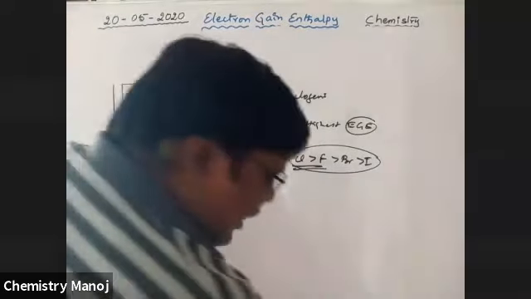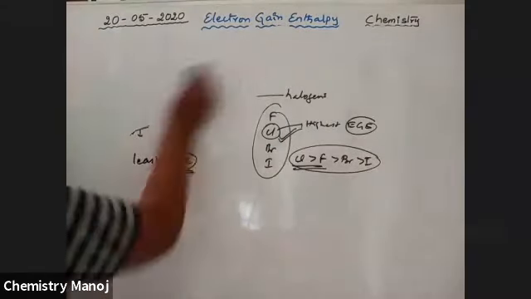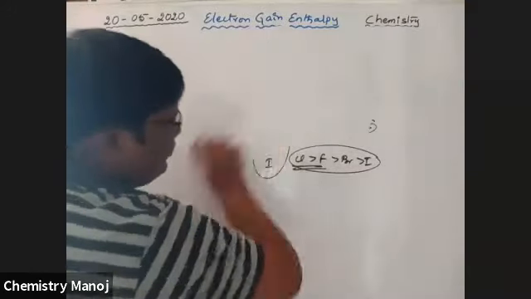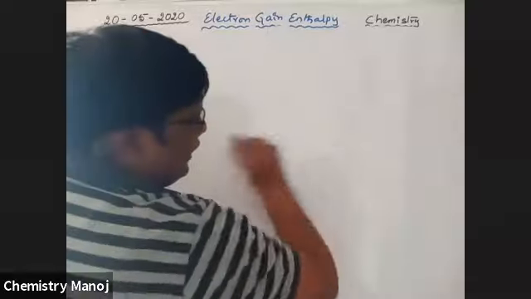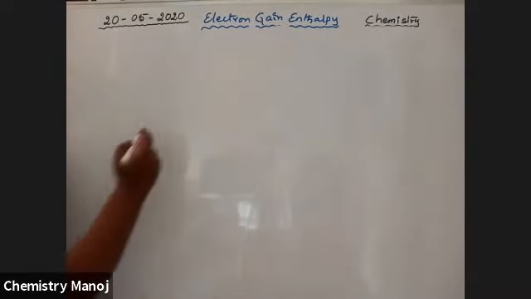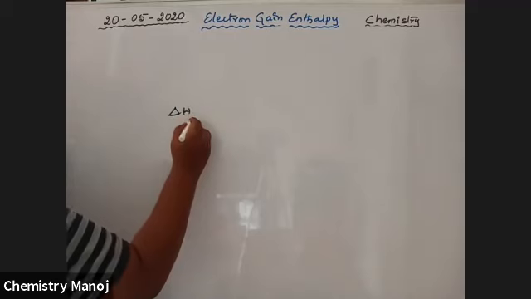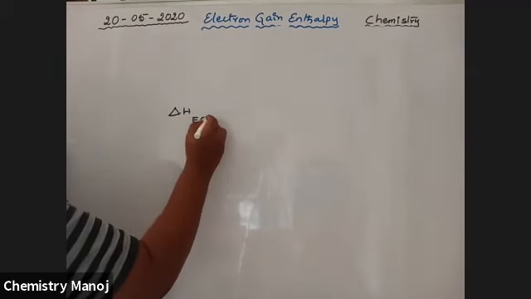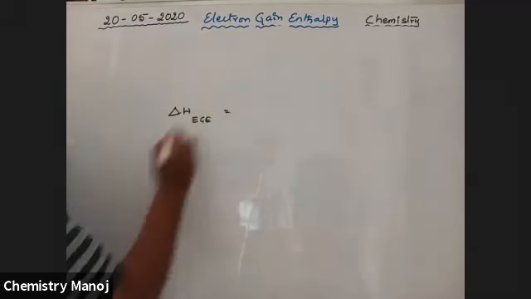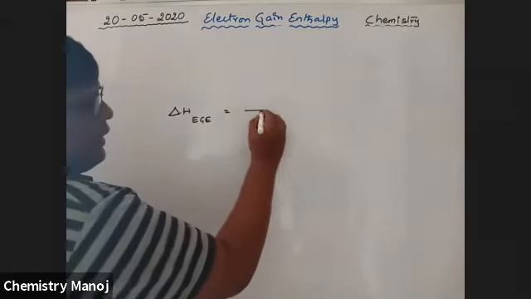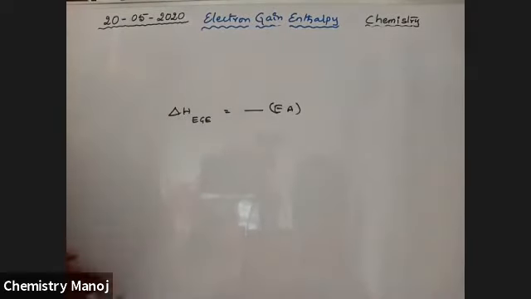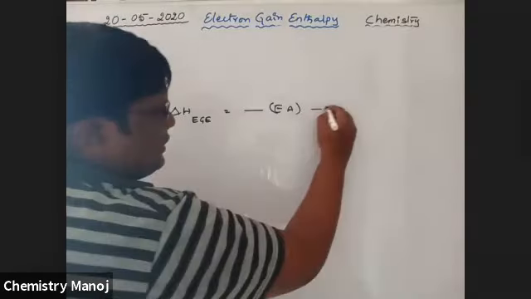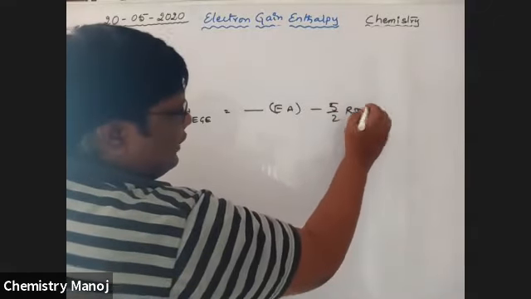Finally, I am going to conclude this topic. In general, electron gain enthalpy is indicated with delta H values. Delta H of electron gain enthalpy equals minus of electron affinity of that element, minus 5/2 RT.